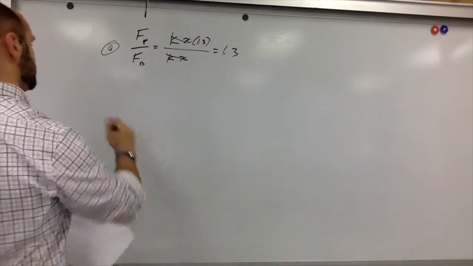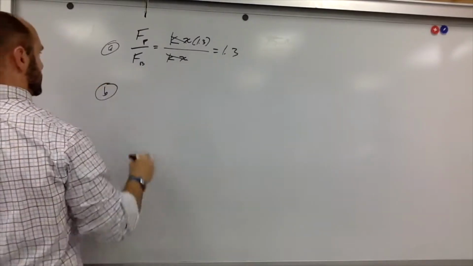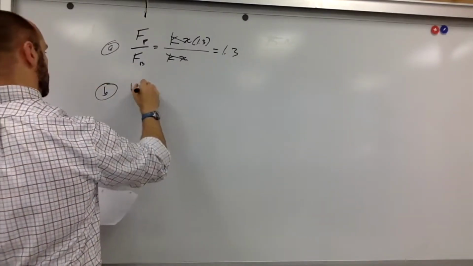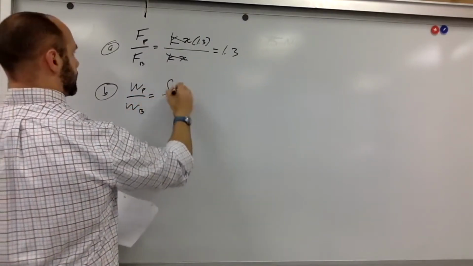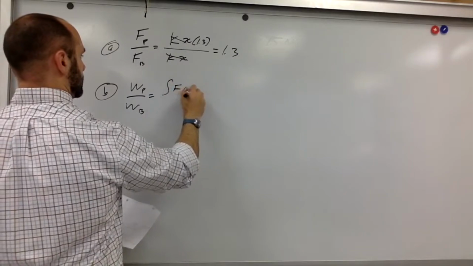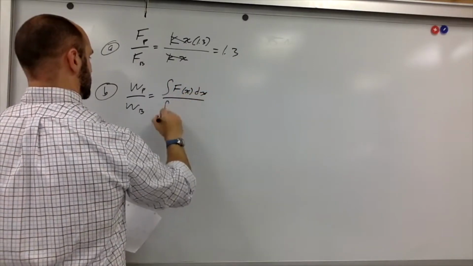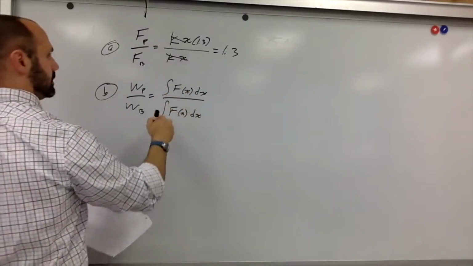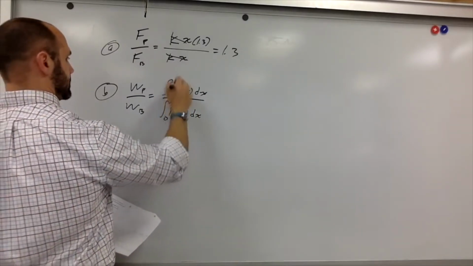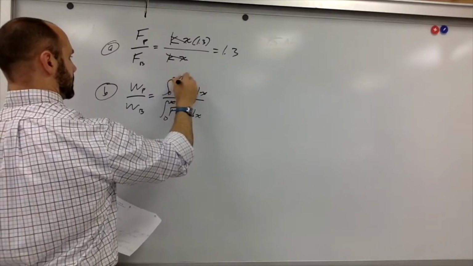But the work done, that's a little different now. Because the work done is the work of the physics student over the work of the bio student, an integral of Fx dx over the integral of Fx dx down here. And so this is from 0 to x. This is from 0 to x times 1.3.